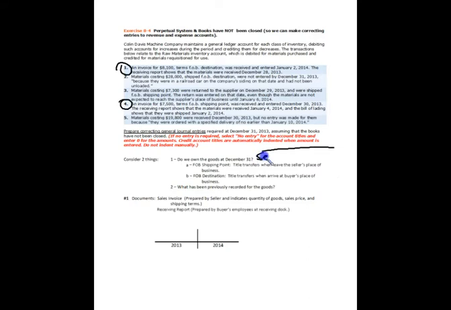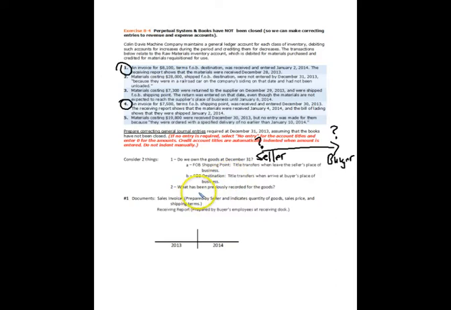So again, the goods are being shipped from the seller to the buyer. Does title transfer here at the seller's place of business? It will transfer there if the terms are FOB shipping point. Or does title transfer when the buyer receives them? That would take place if the terms are FOB destination.